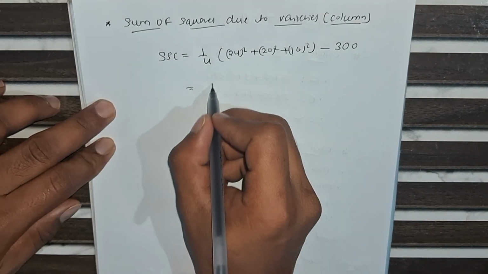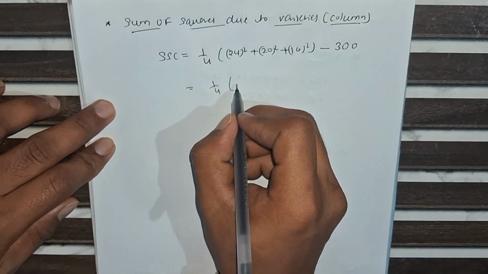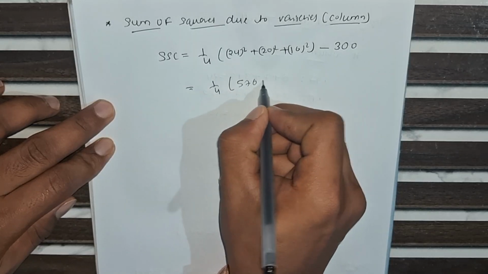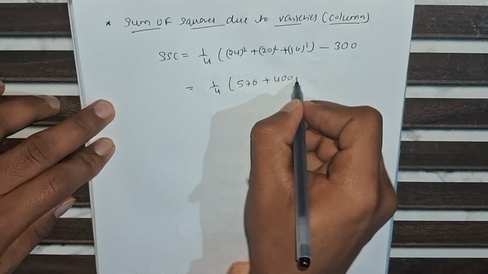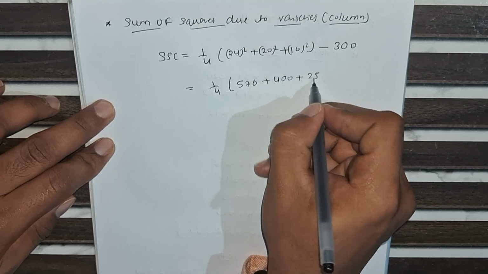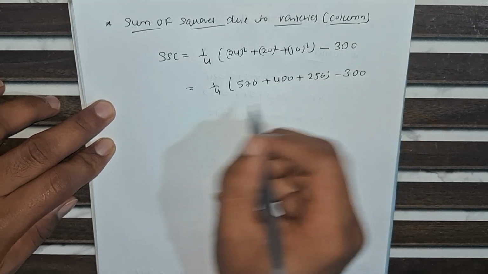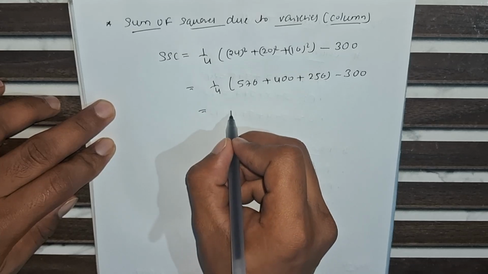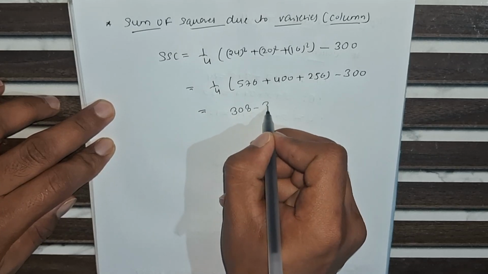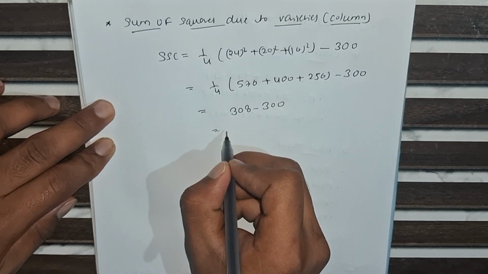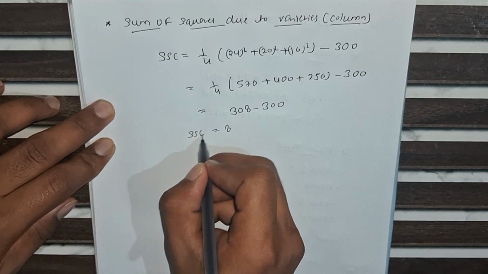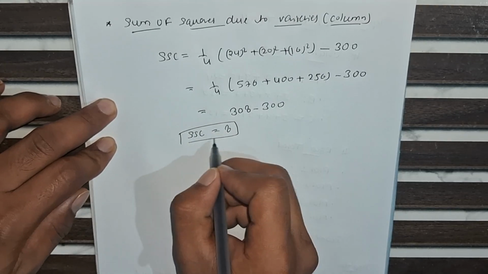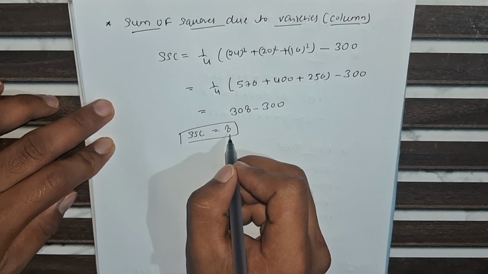So 1 by 4, 24 square is 576 plus 20 square is 400 plus 16 square is 256, minus 300. When you add it and divide by 4, it becomes 308 minus 300. So this is 8. Then SSC, the sum of square due to varieties, which means column, equals 8.